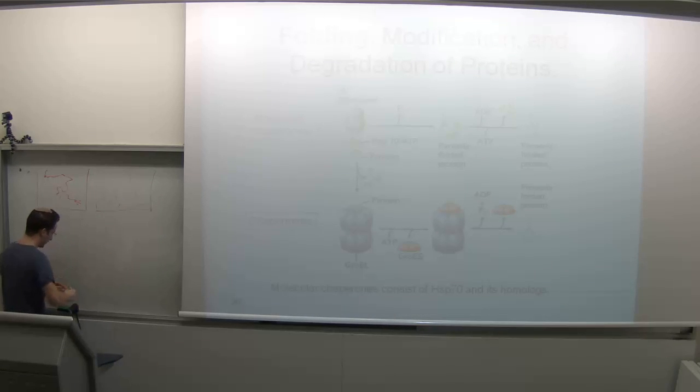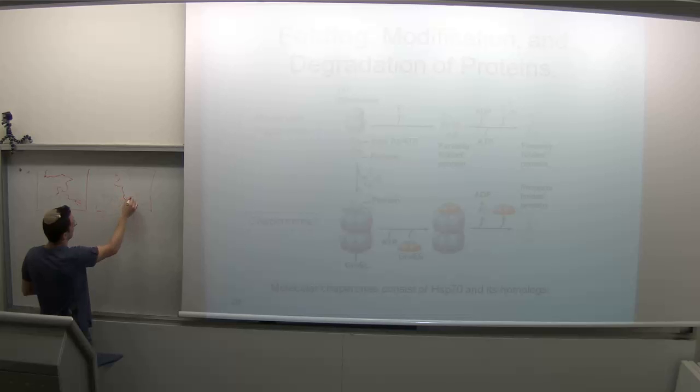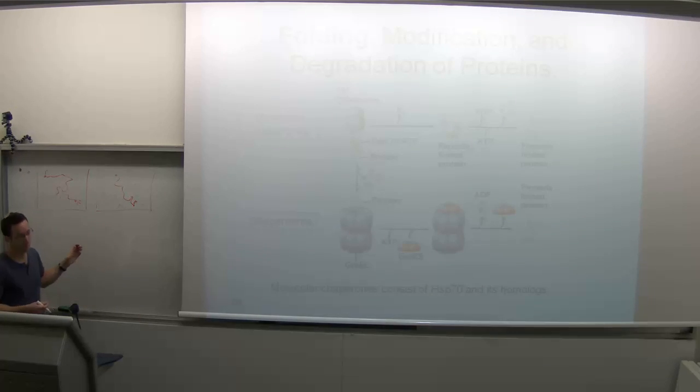And if you still consider a random process, the protein will have a much shorter plane to probe, and it will reach the ending point or the native state faster. So it will happen much faster, and this is the way they promote the correct folding.